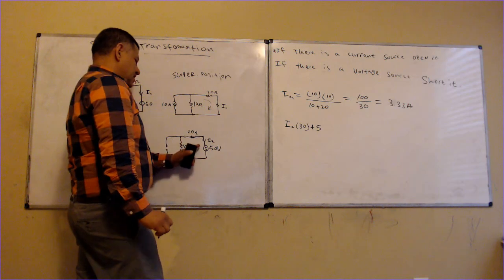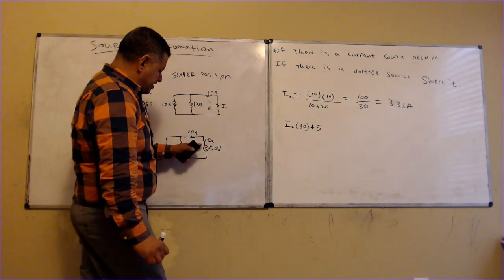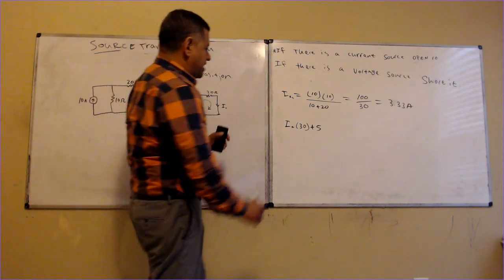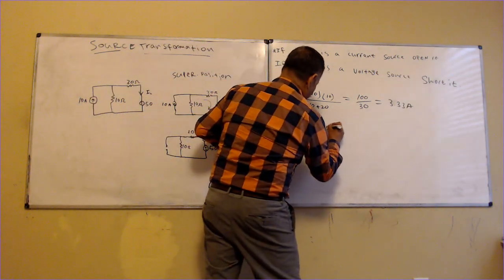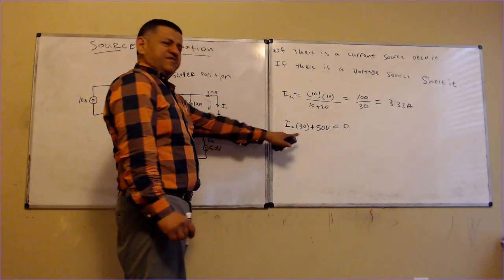Now that current is entering the positive, so it's a positive 50 volts, equal to 0. See, another KVL little guy.